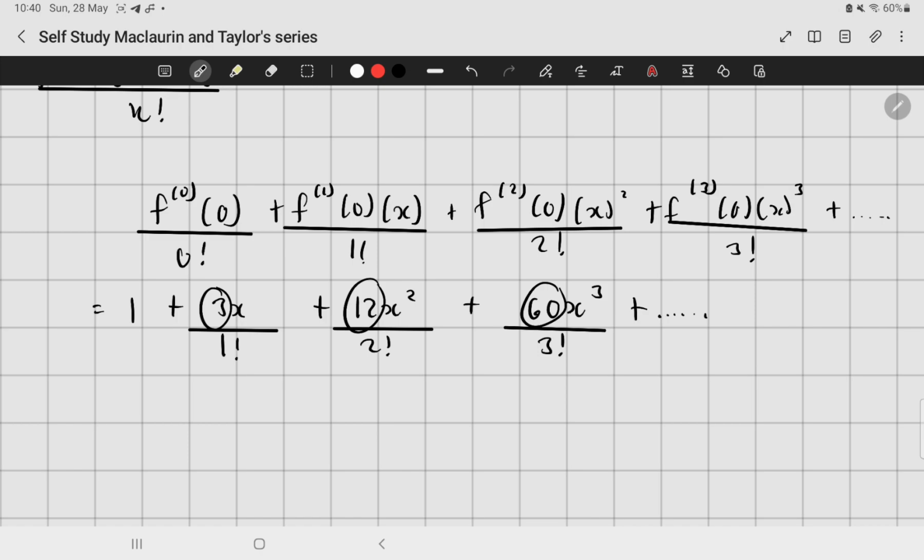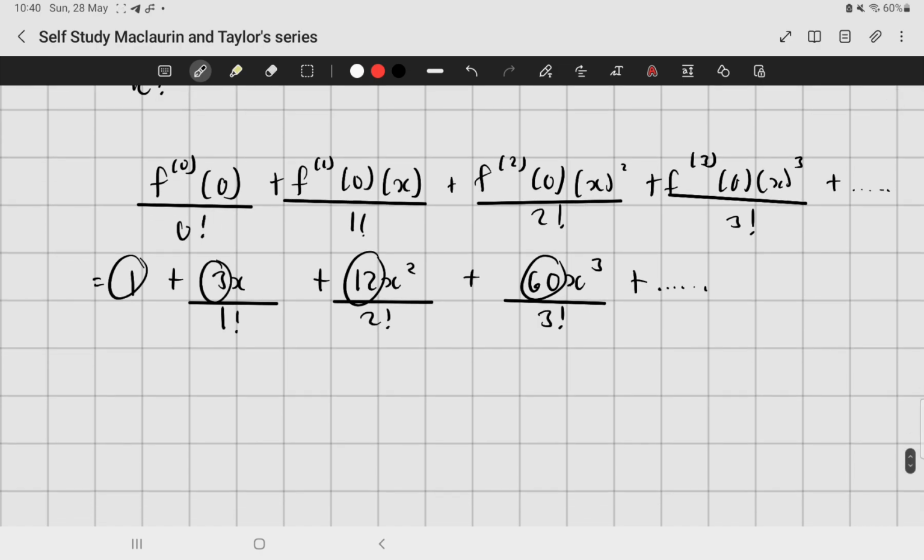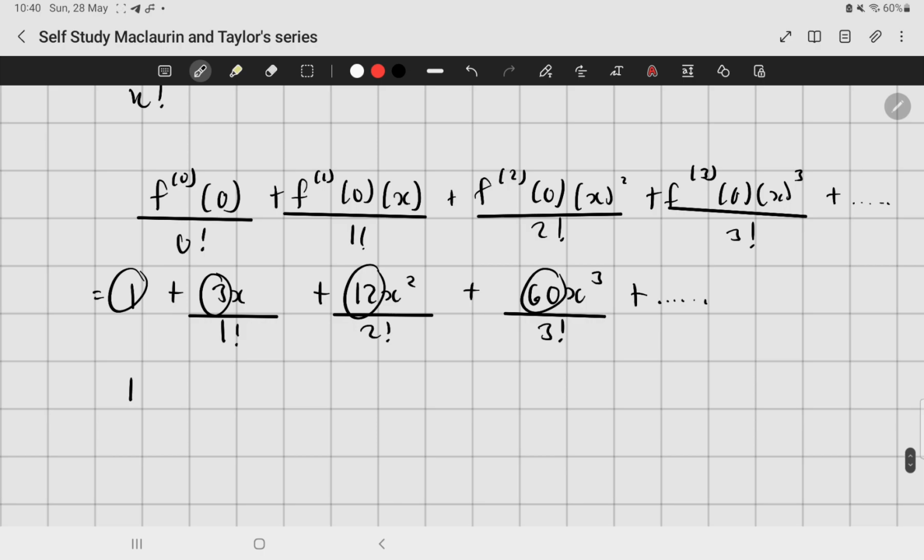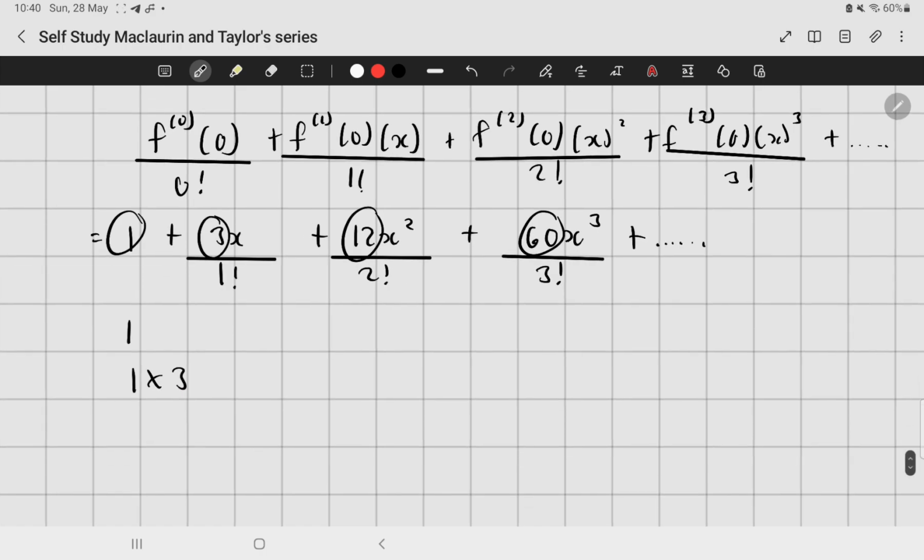How do we build a suitable pattern? 1 is the coefficient of x to the power 0. So let's try and see the pattern. It will be 1 for n equal to 0, 1 times 3 for n equal to 1, 1 times 3 times 4 for n equal to 2, 1 times 3 times 4 times 5 for n equal to 3.